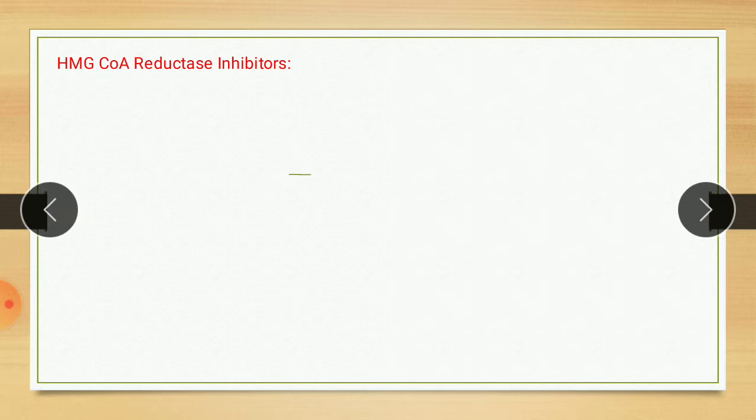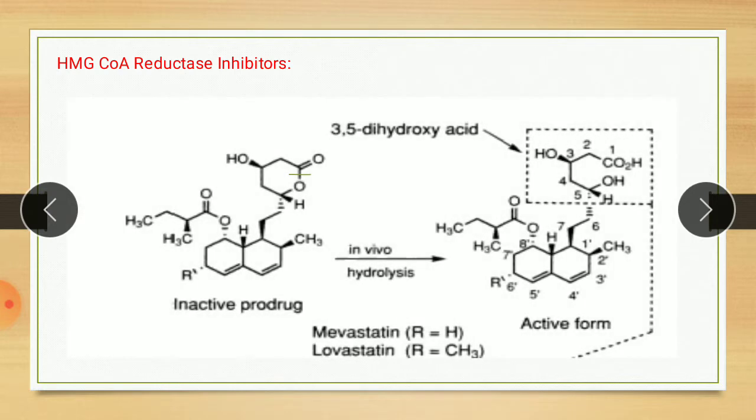The development and use of HMG-CoA reductase inhibitors began in 1976 with the discovery of mevastatin, originally named compactin. It is a fungal metabolite isolated from two different species of Penicillium and demonstrated potent competitive inhibition of HMG-CoA reductase.